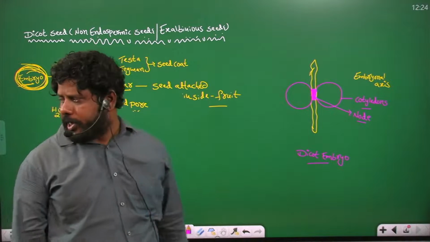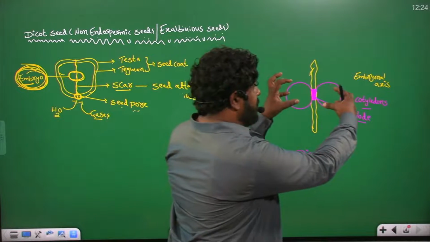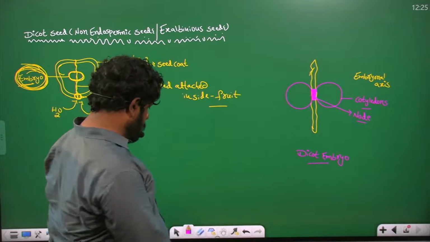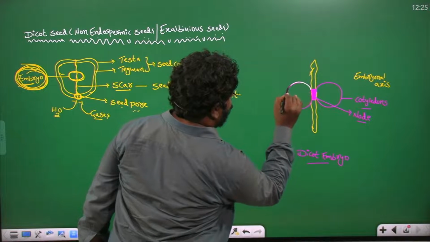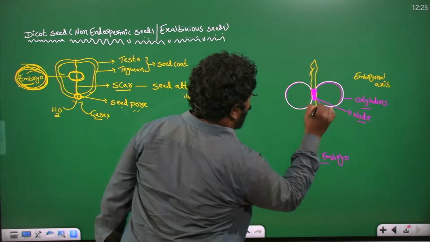So two cotyledons are present. These two cotyledons are attached to the embryonal axis.